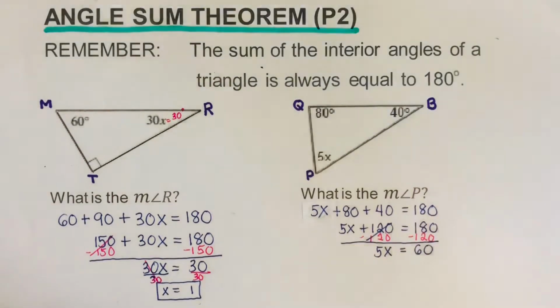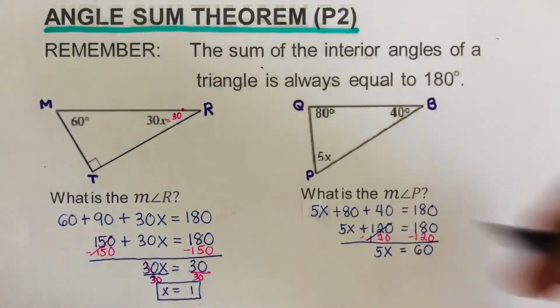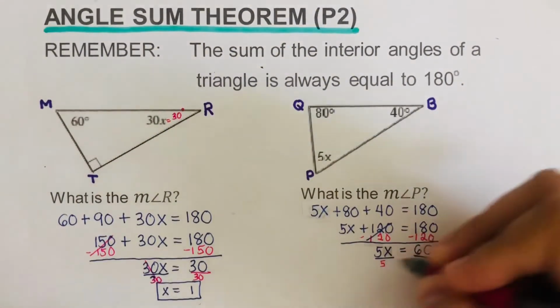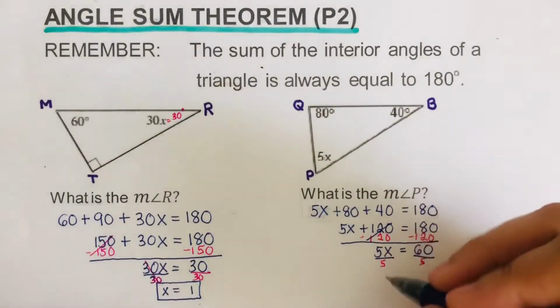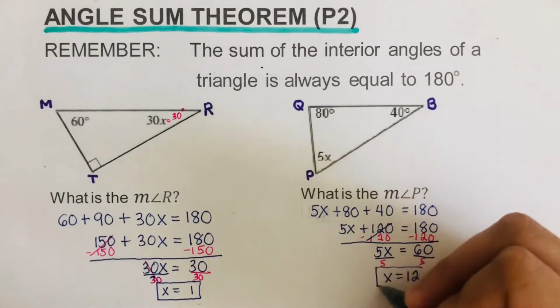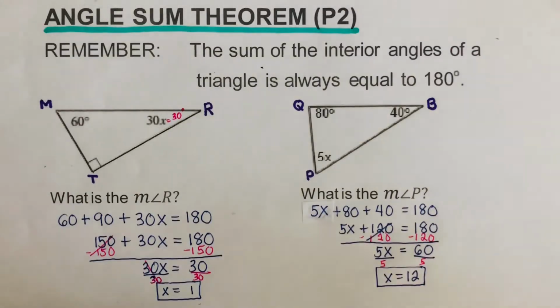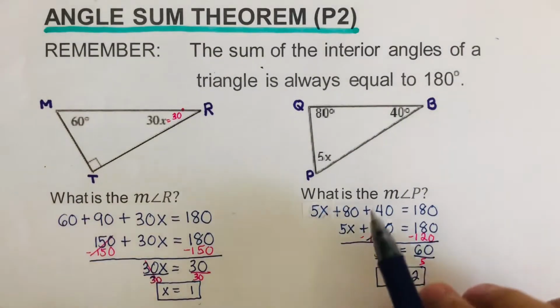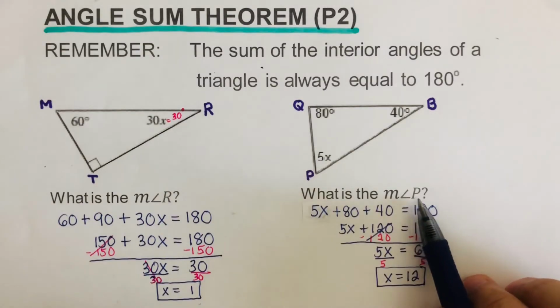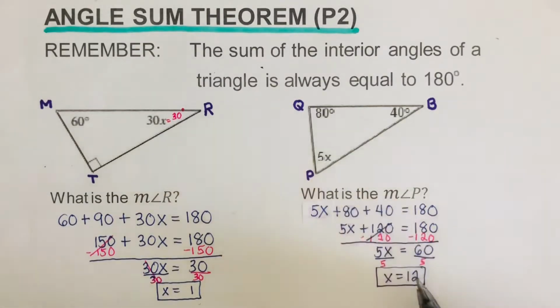And so we divide both sides by 5. So I'm going to divide this by 5 over here, and this is going to be divided by 5. So then our x is 12. Okay, so the x is 12. Now we can check if they're equal to 180 because we're asking for angle P. So that is 5 times 12.